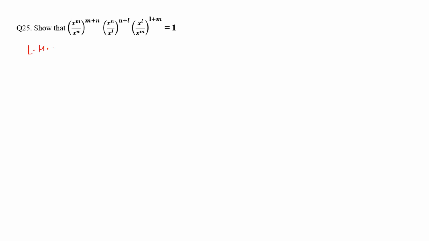This question is a combination of exponents as well as identity. So x to the power m by x to the power n. Here you can use the division law: a to the power m divided by a to the power n is a to the power m minus n. We have studied this division law. So here also I am going to write x to the power m minus n times m plus n, and put it in a bracket.